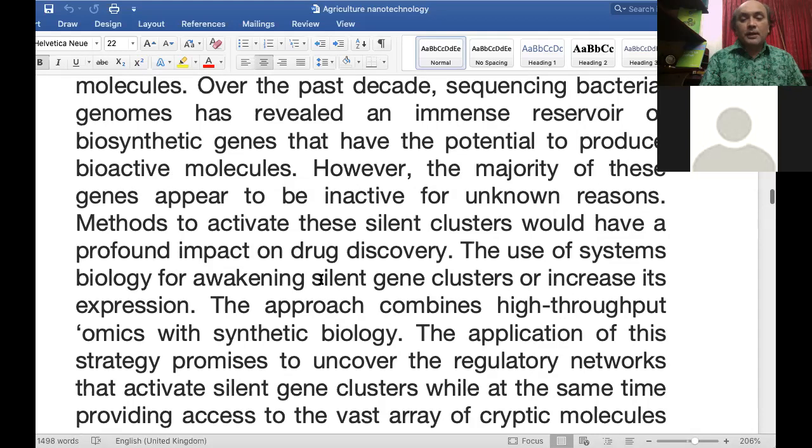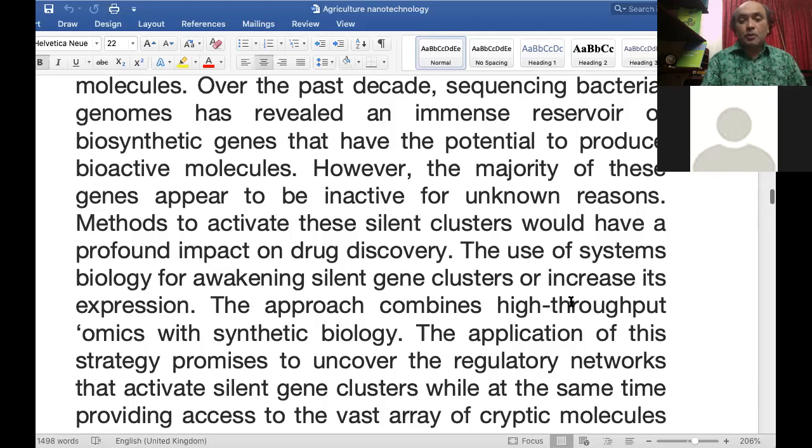So if you can, by using system biology, express the silent gene clusters that are responsible for bioactive compounds and increase those compounds, that would be very interesting. That means expression of the silent genes which are not naturally expressed would be an interesting way. Then you can get the targeted products.